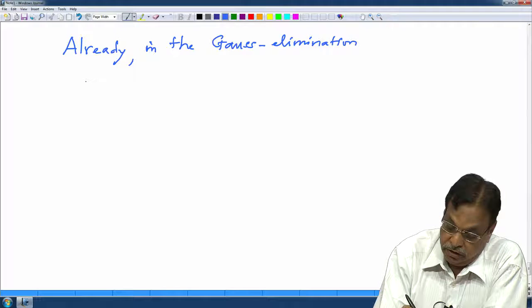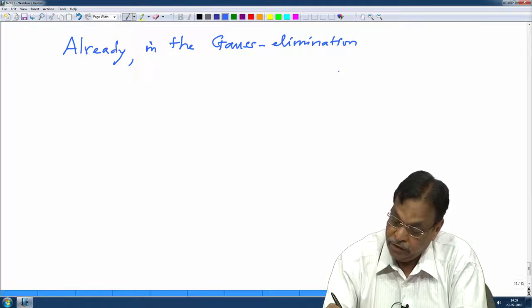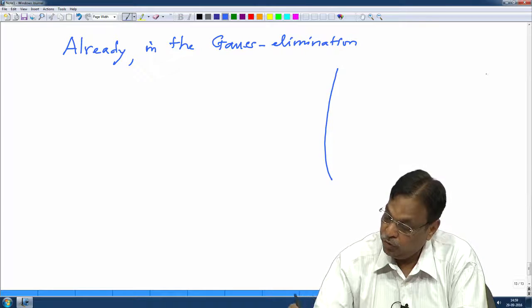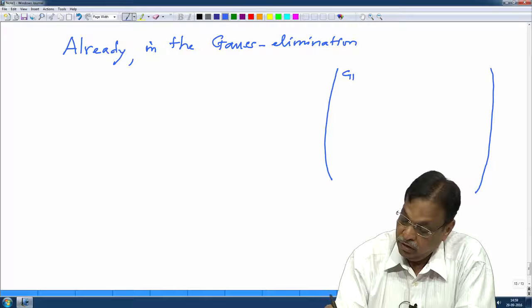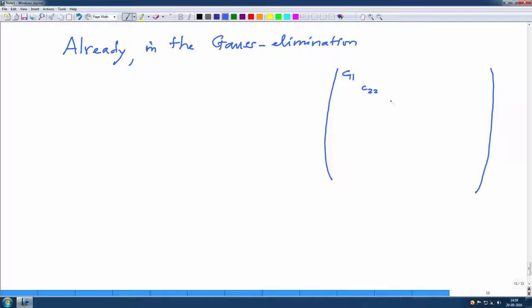So let me recall it. I will write the final matrix here, what we got from the original matrix: c_11, c_22, up to c_rr, and below that everybody is 0, here also 0, and here there may be some entries, here also there may be some entries.